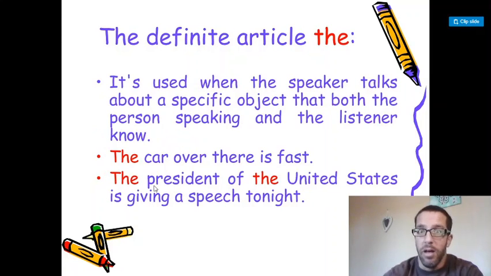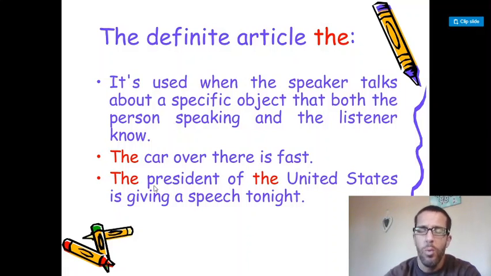But what about the? Here, the simple rule is basically that when we are talking about a specific object, a specific person, a specific thing, and both you and the listener know about it, or know that person, or know what you're talking about, we use the.